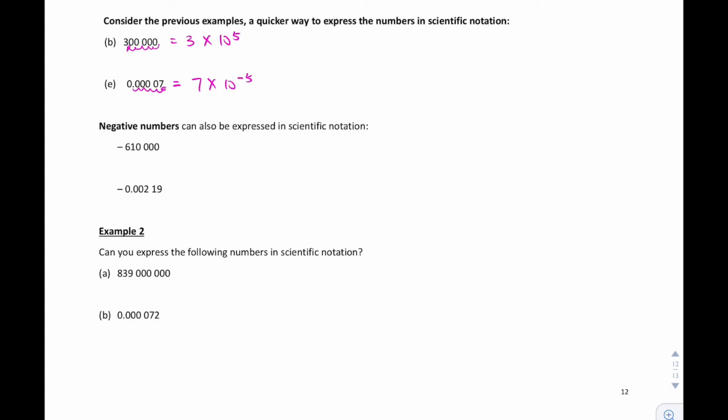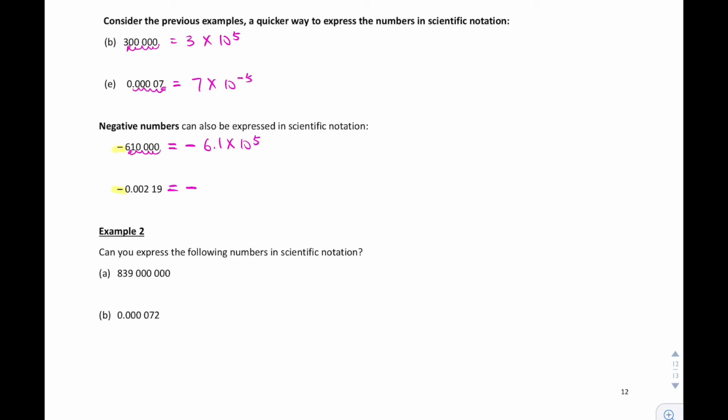And actually, the negative numbers can also be expressed in scientific notations. Just copy the negative sign. And for the first one, we have the decimal point moved 5 places to the left. So this is 6.1 times 10 to the power 5.